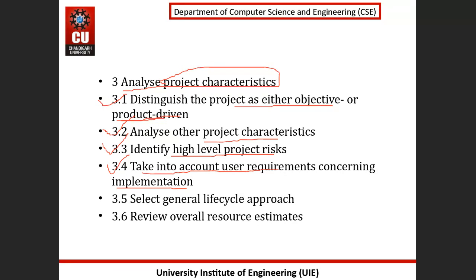So for example, an organization might mandate the use of a particular method. So we'll keep in mind each and everything that is the user requirement concerning implementation, so that we can give a valuable product to the customer. Fine. Next step we have select general life cycle approach.